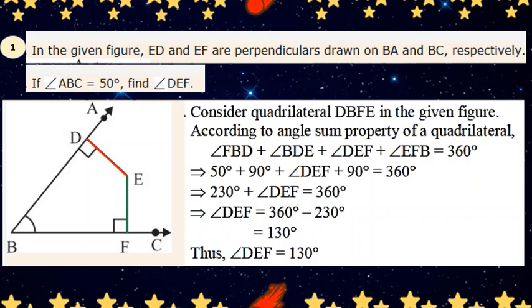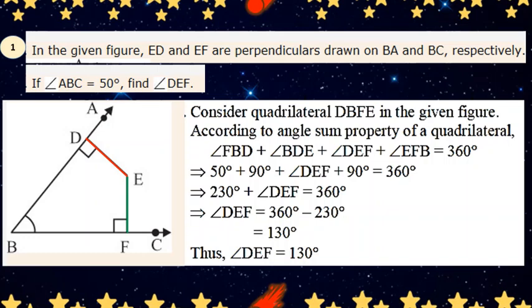You can see the quadrilateral DBFE. DBFE is a quadrilateral. Correct, no? Start from the point where the perpendicular is made, that red dot, vertex D, and write all the angles of DBFE: angle B, angle D, angle E, angle F. Angle B is 50 degrees, angle D is 90 degrees, and F is 90 degrees. Only angle E is left out.